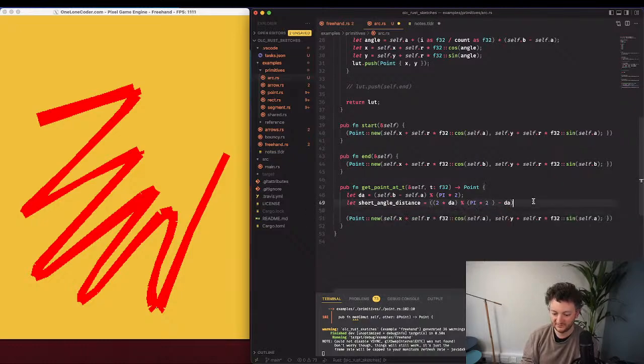I believe that's right. So that is the short distance between those two. And I think that's correct.